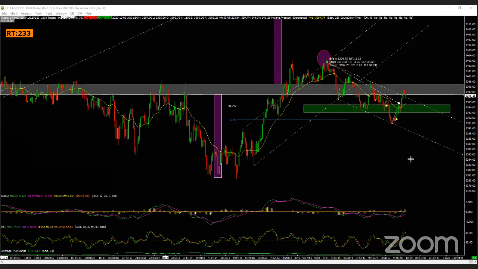Just checking my risk reward here. If I would have taken that trade, I would have risked 3.75 points for an 8-point return.